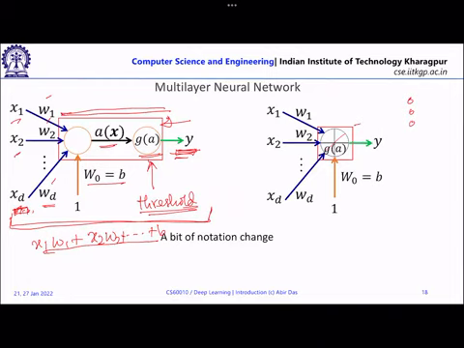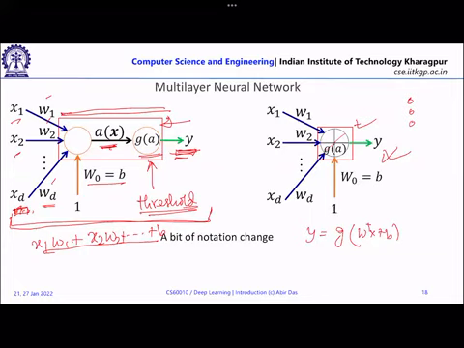If I give such a figure, it means you are getting y as g of w transpose x plus b. Previously a was w transpose x plus b, and then it was passed through g. This is just a notational change, nothing is changing inside.